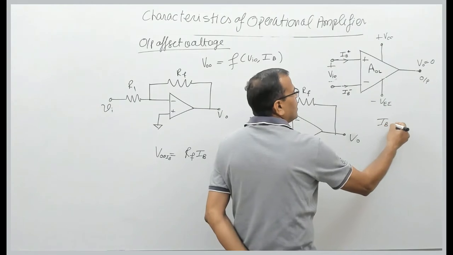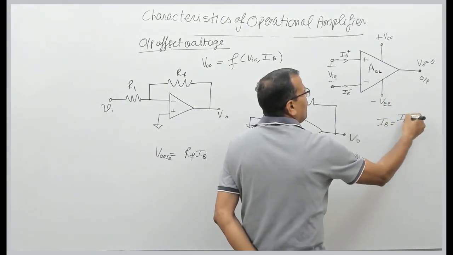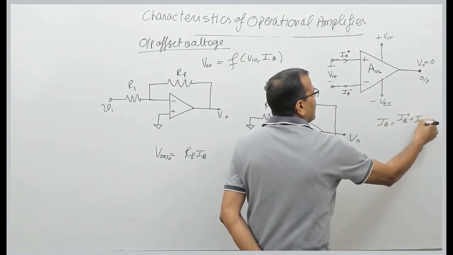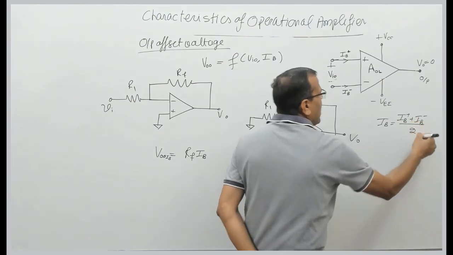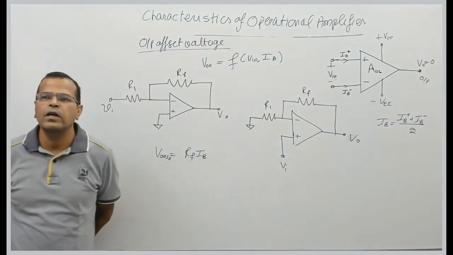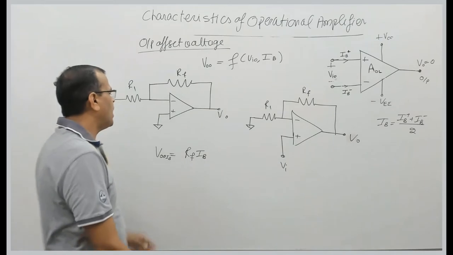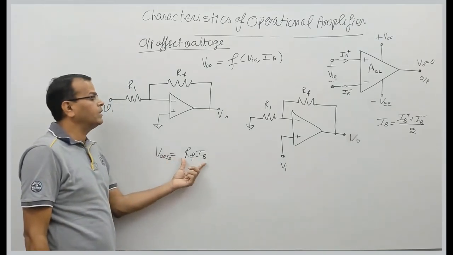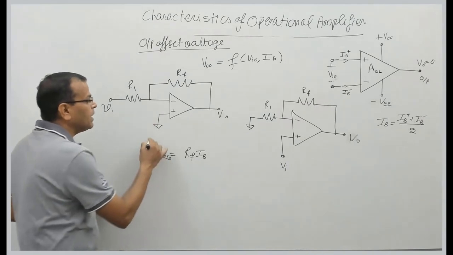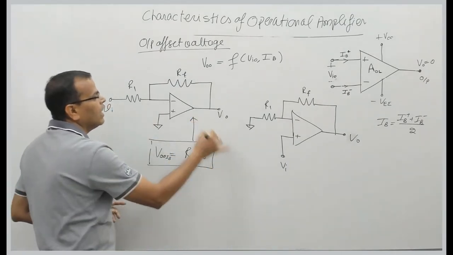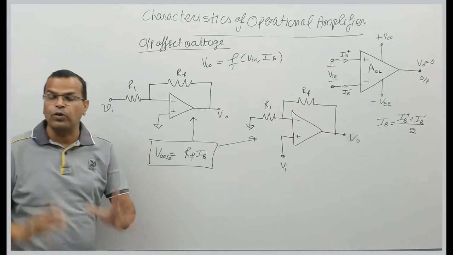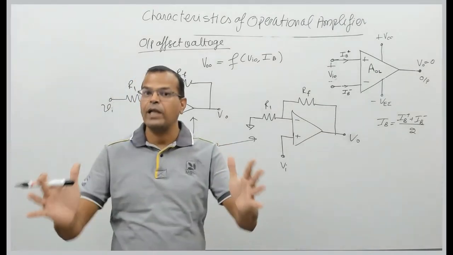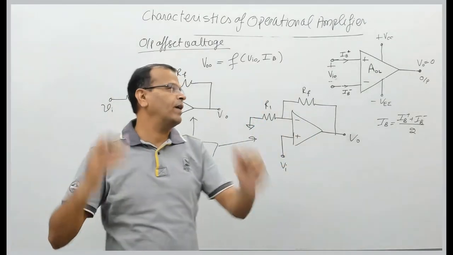The bias current is the average of the biasing currents entering at the inverting and non-inverting terminals. Now the output offset voltage because of input bias current is given by this. This is applicable for both inverting as well as non-inverting amplifiers.